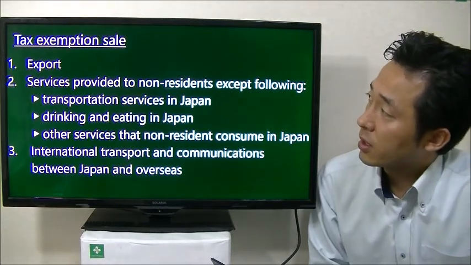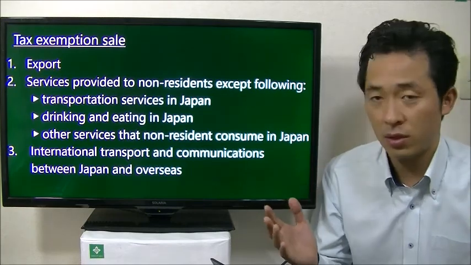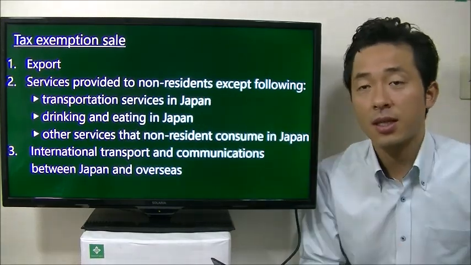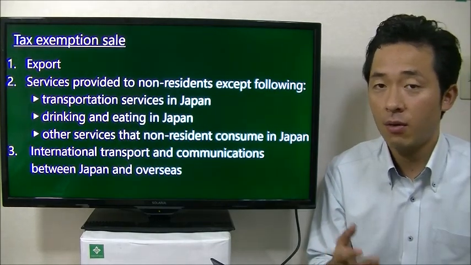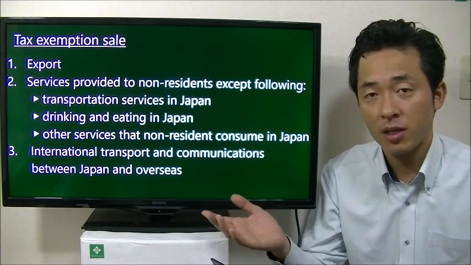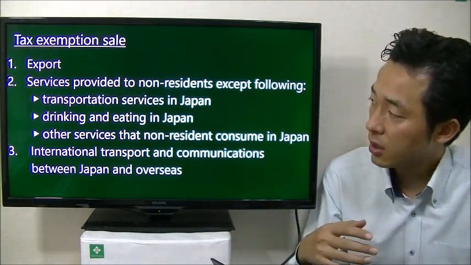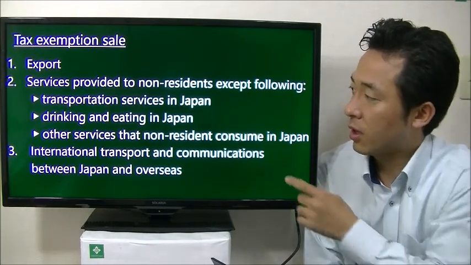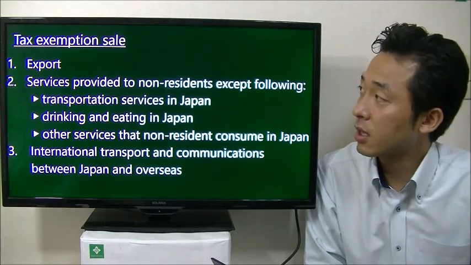The next one is tax exemption sales. This is basically for exports or providing services to non-residents, like doing marketing of Japan for American people or American companies. That's not taxable. But those 3 things, for example, are not included in tax exemption sales.